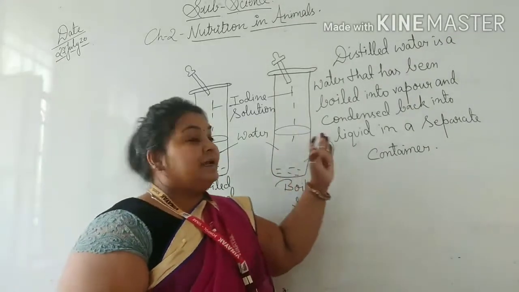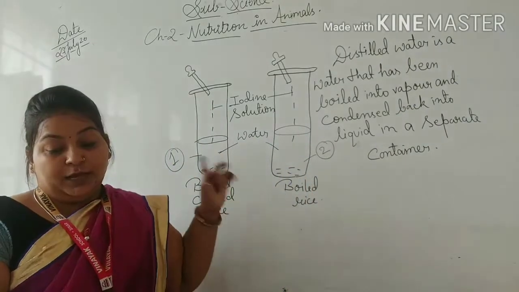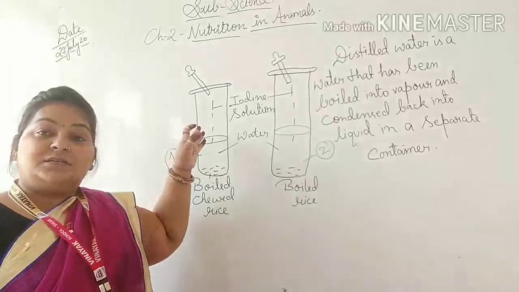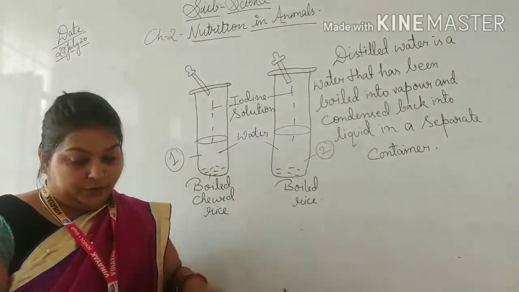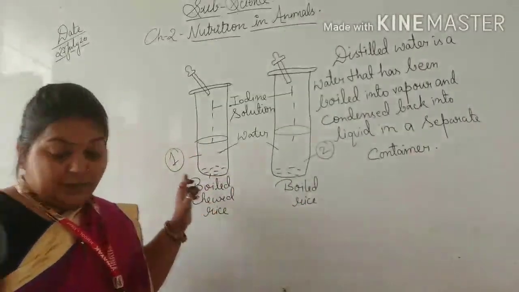Okay. After adding 5 ml of distilled water in both the test tubes, we are going to drop 2 drops of iodine solution in the first, and also in the second, in both of them. Now what is the observation?